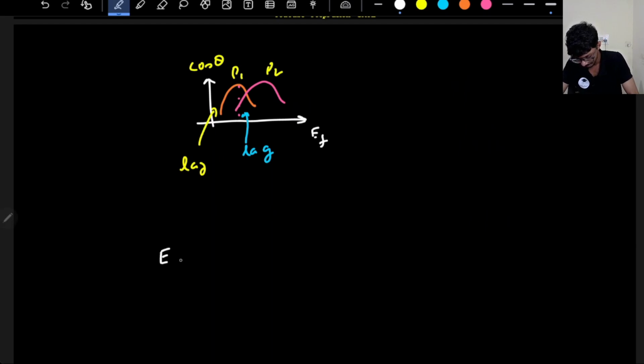EF equals, keeping the excitation constant, EF is equal to Vt minus jIaXs. This is now not unity power factor anymore, this is lagging.